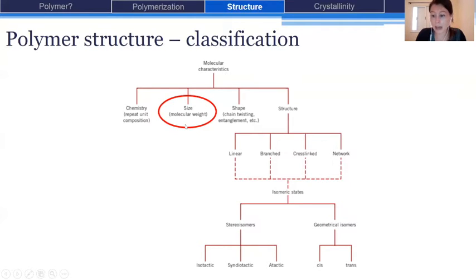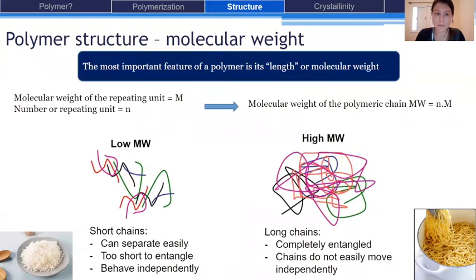describe the size of these polymeric chains, which is very important because many properties of polymers depend on the size of the polymeric chains. So it is one of the most important features of a polymer, which is the polymer length, or we will call it the molecular weight.